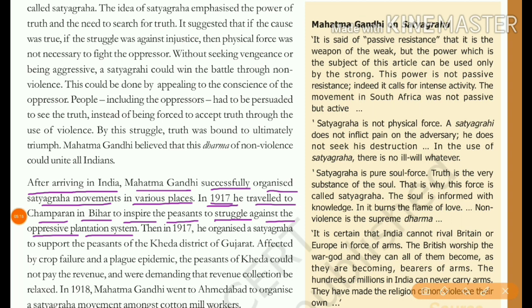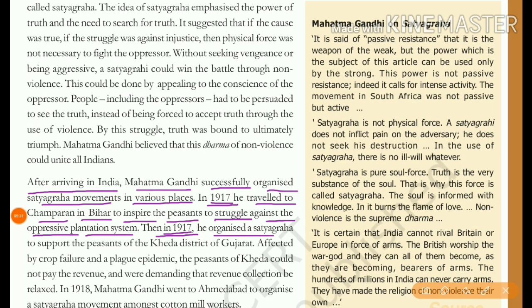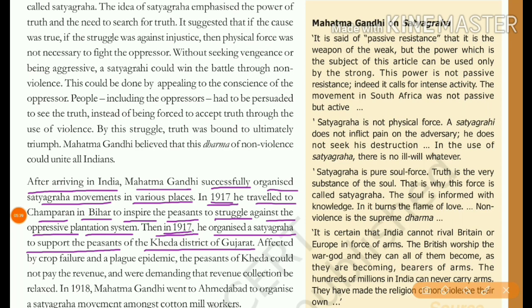So he conducted a satyagraha in support of peasants who worked in a plantation system. Then in 1917, after that, he organized a satyagraha to support the peasants of Kheda district in Gujarat. So another satyagraha he also conducted in the same year, in Kheda district of Gujarat.